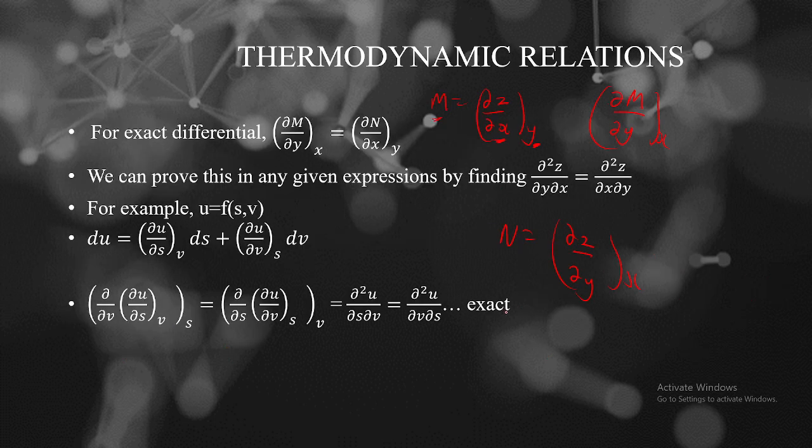And once again, for N, we got N by looking at how z was changing with respect to y when I kept x constant. So I want to see what happens even further. So after I've done this, what happens if I now find the expression when I'm rather changing x and keeping y constant? Now, if the two expressions, as we see here, are equal to each other, then we have what we call exact differentials, right?